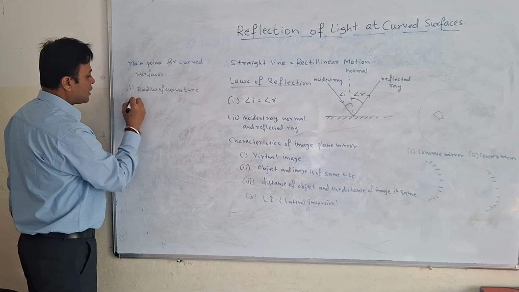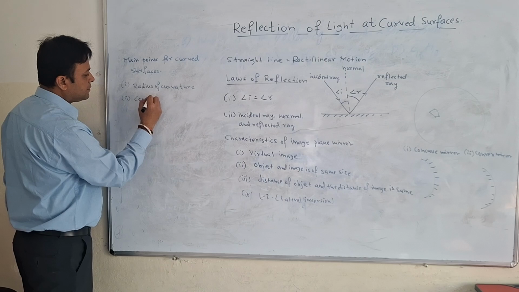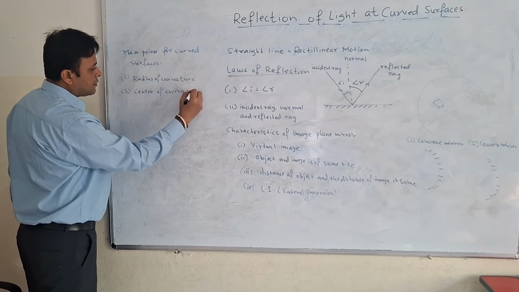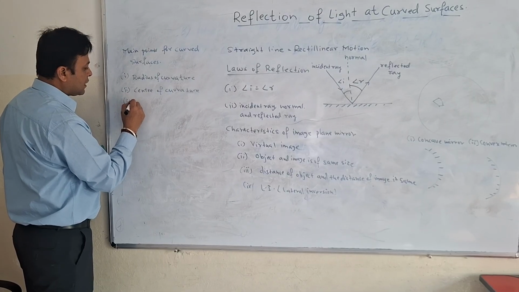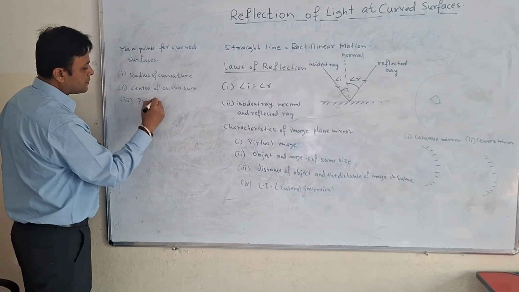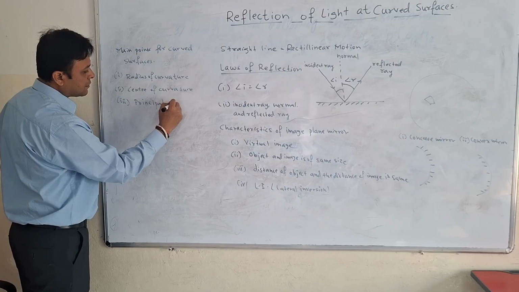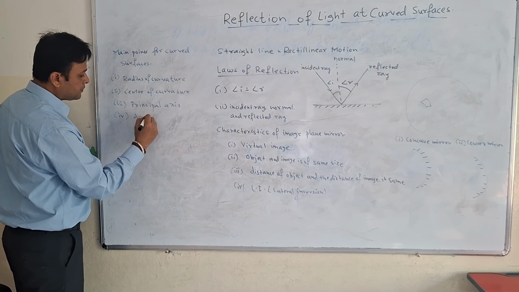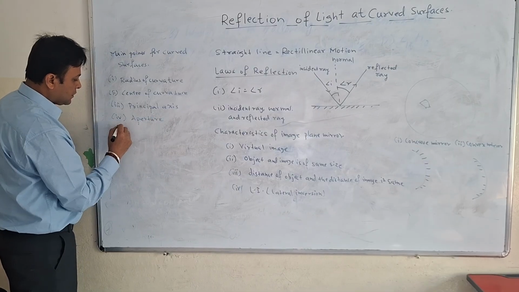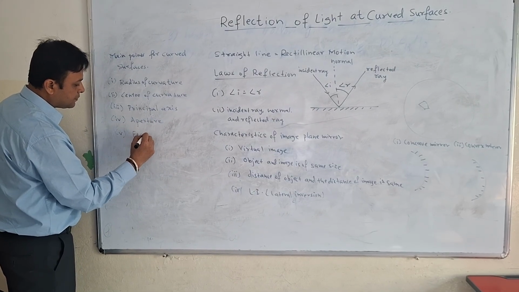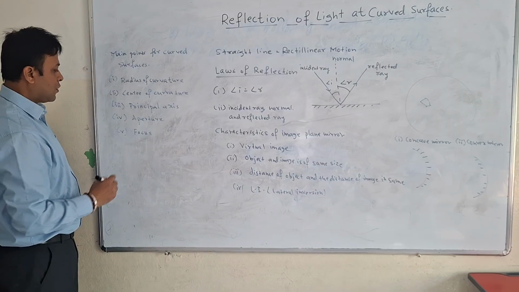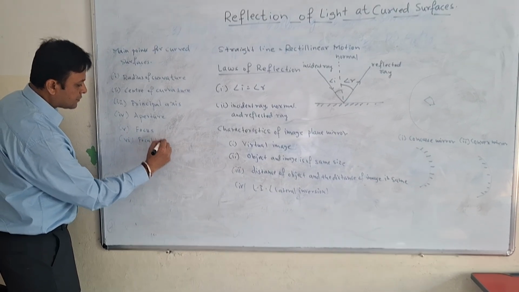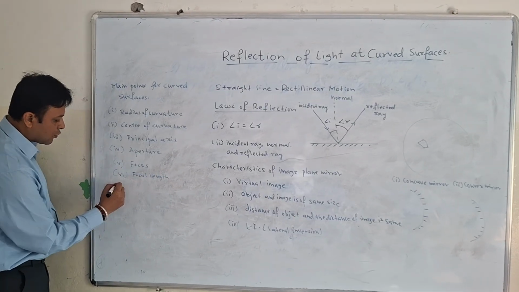Second, the center of curvature. Third is the principal axis. Fourth, aperture. Fifth is focus. And the last one is the focal length. Also, we can go for the pole.